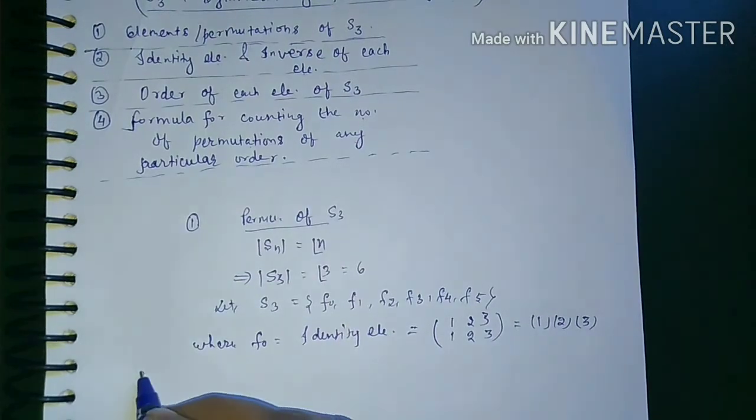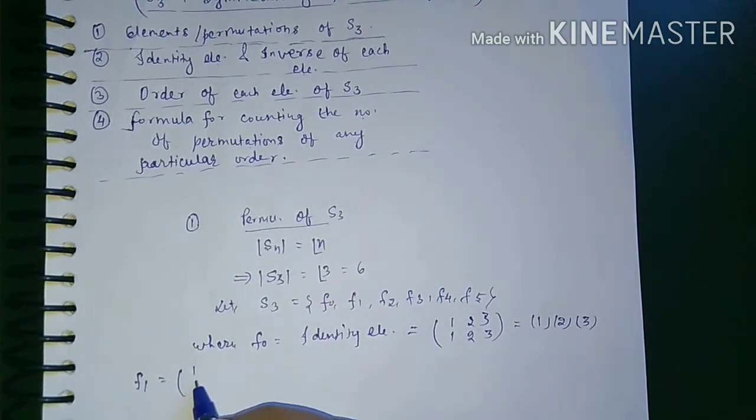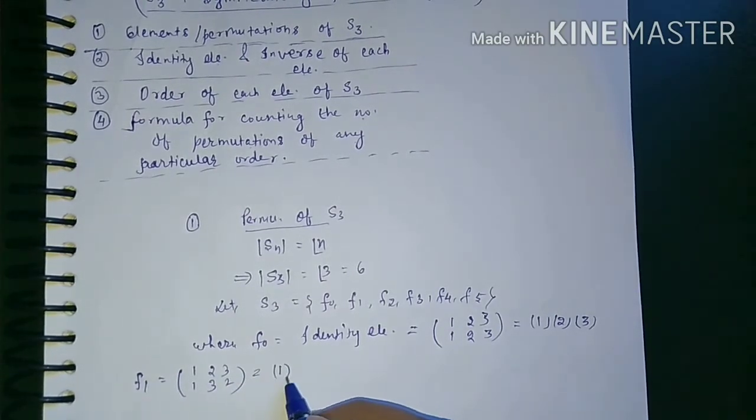Now let F1 be a permutation where only the element 1 is self-mapped. That is, 1 is mapped to 1, 2 is mapped to 3 and 3 is mapped to 2. So it is equal to (1)(2,3).